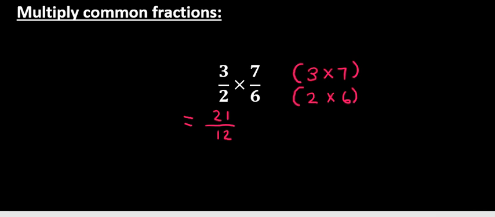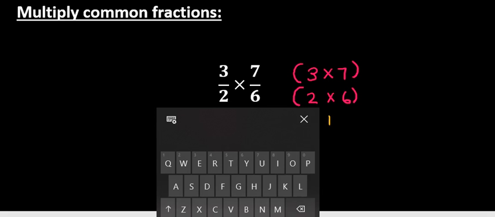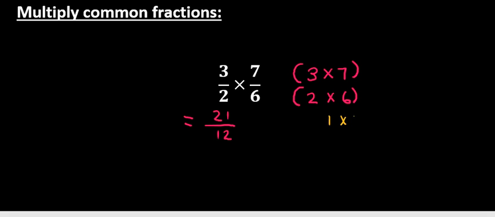Now to make it much easier for you, you can use your clue board, and by using your clue board you are going to say 1 times 12 is going to give me 12. 2 times 12 is equal to 24.